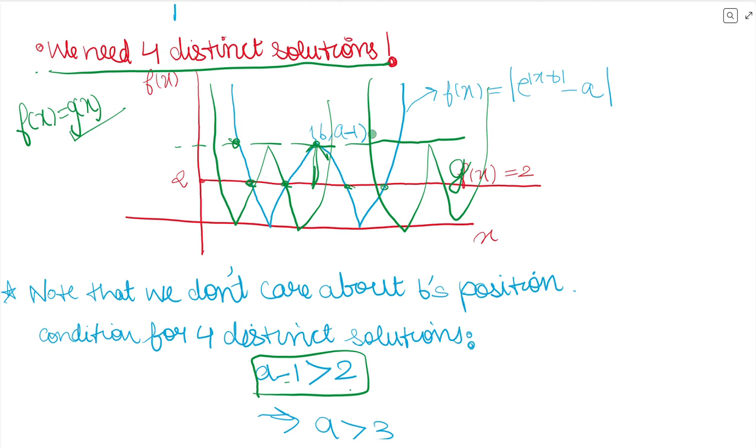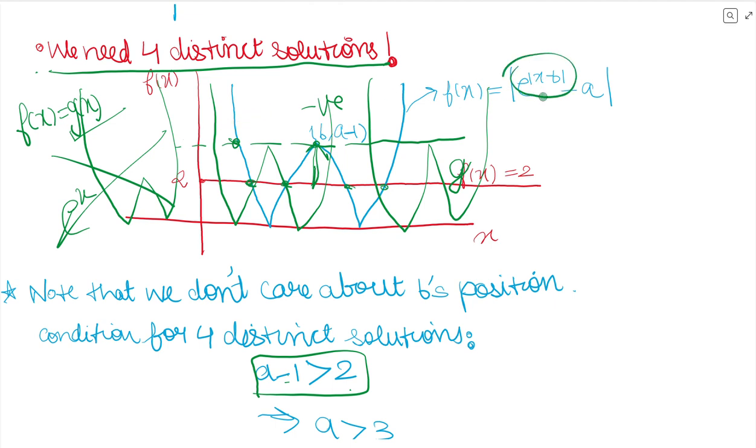B can take anything, even B can go here. No, it cannot go here because it is e raised to power x. Remember, alright? So it cannot go here. But it can go here anywhere. But even if we take a negative value of b, we already have a modulus which ensures that everything comes towards the positive x-axis. So we don't need to worry about that.